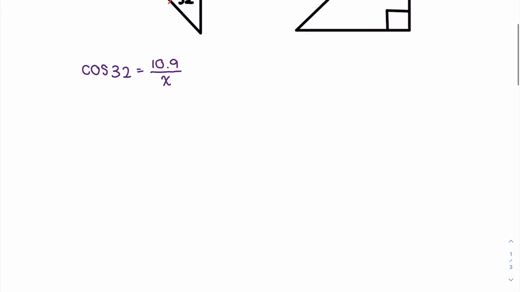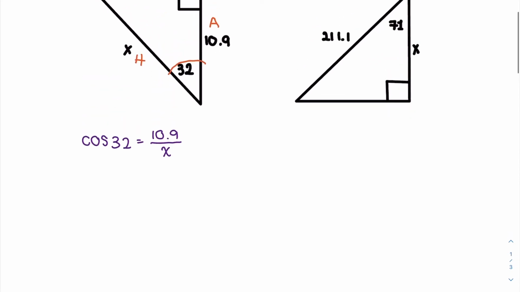Now what we need to do is get X by itself. How we can do that is by cross multiplying. If I bring this down and the X up, we're going to have this. X is equal to 10.9 all over cos of 32.